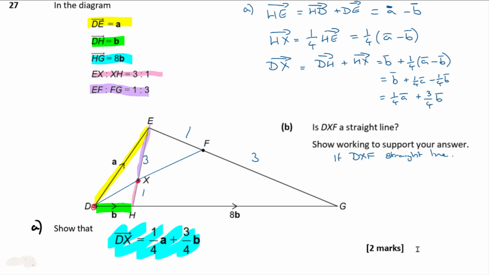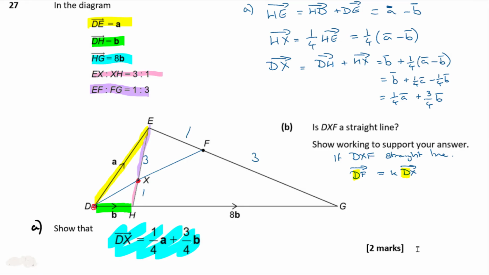I think that might be the easier route. If I can show that vector d to f is a multiple of the vector d to x, then that would imply that all those 3 points lie in a straight line, because they're sharing a starting point, D.